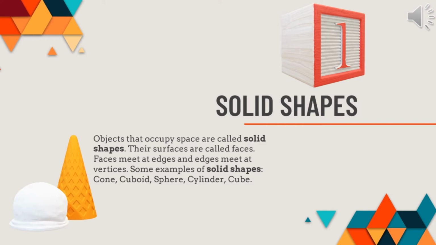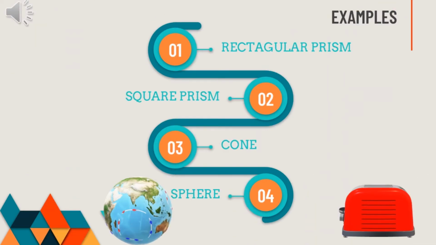They have faces, vertices and edges. Their surfaces are called faces, while two faces meet at an edge and two edges meet at a vertex. Some examples of solid shapes are cone, cuboid, sphere, cylinder, etc. Few more examples of solid shapes can be seen on the screen.